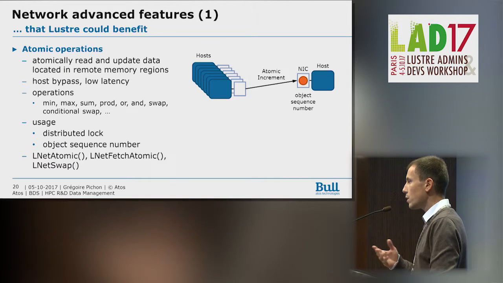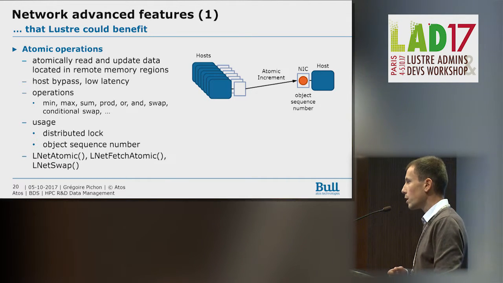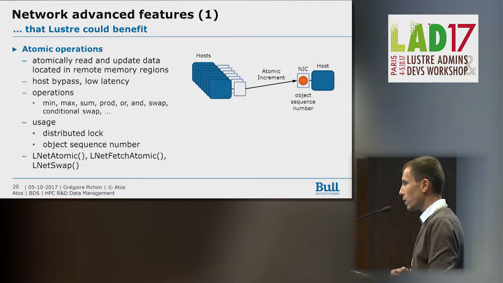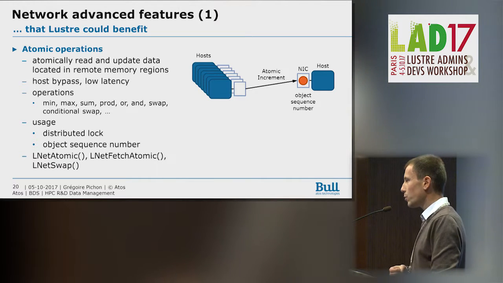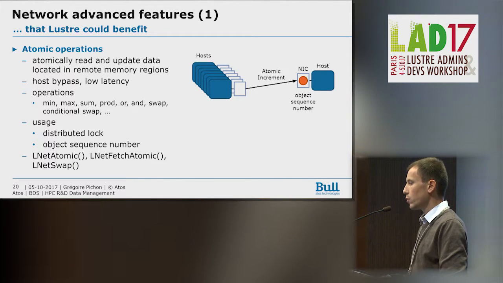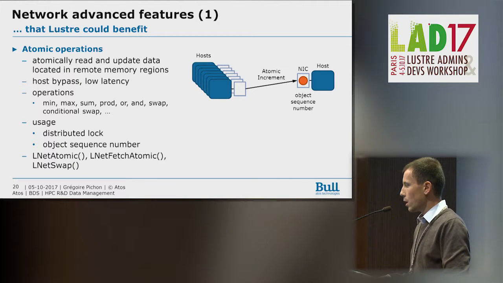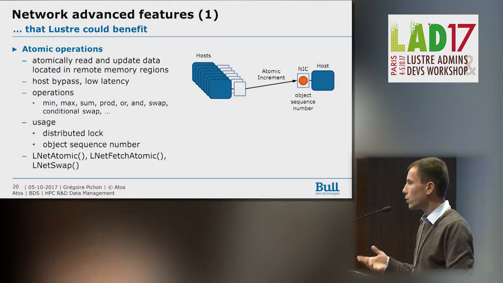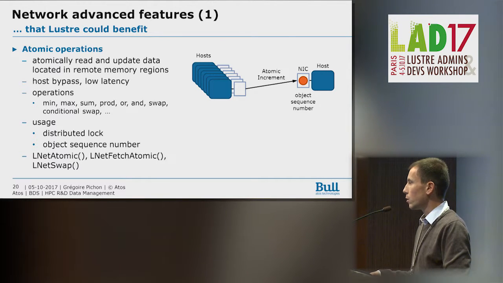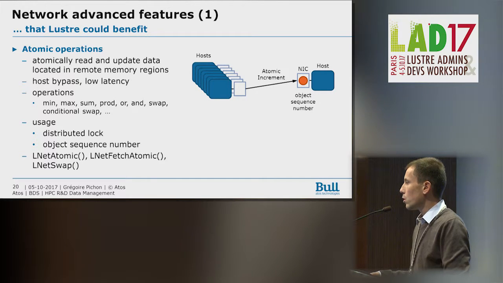Every node of a fabric is able to update that variable atomically and perform a set of operations on it. The proposal is to make this kind of service available to upper layers of Lustre, like Portal RPC, to enable, for example, distributed lock services, or maybe object sequence numbering, like for the file sequence number.